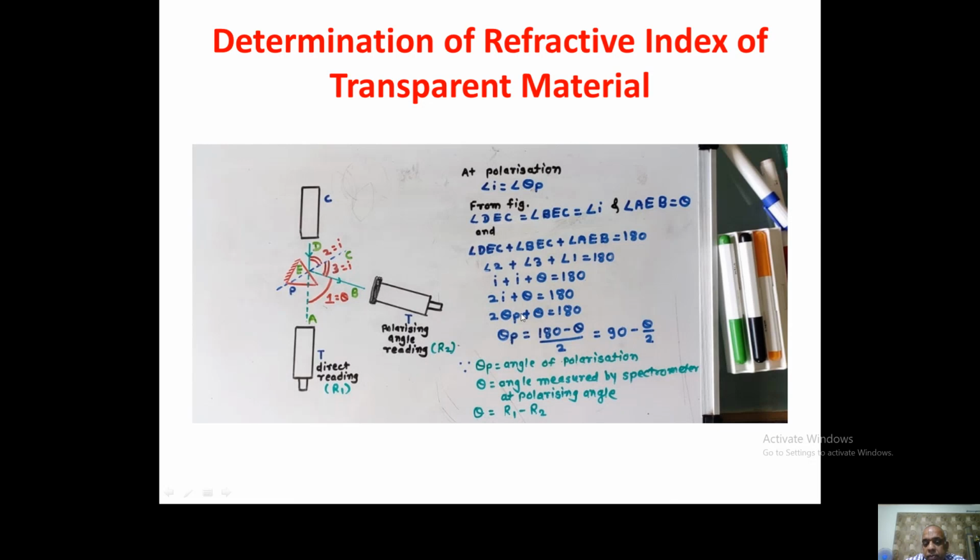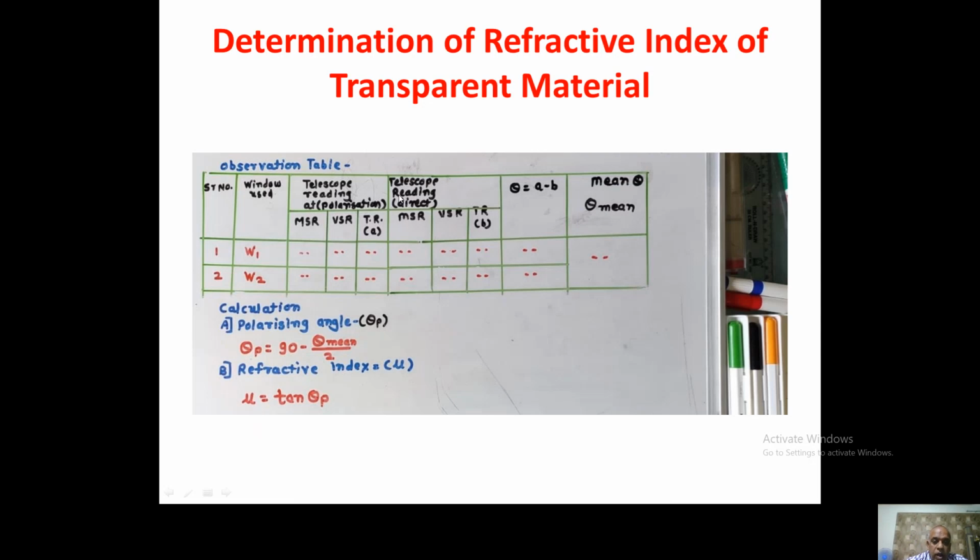Therefore 2 times theta p plus theta is equal to 180 degrees. Therefore theta p, the angle of polarization, is equal to 180 minus theta upon 2, that means 90 minus theta by 2. Where theta p is the angle of polarization, and theta is the angle measured by the spectrometer at the polarizing angle, which is equal to the position R2 minus R1 or R1 minus R2.